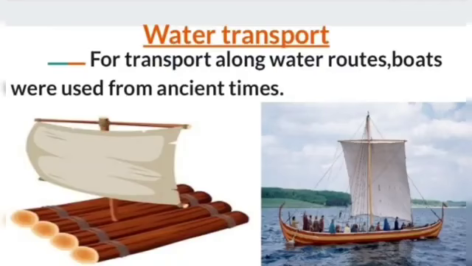For transport along water routes, boats were used from ancient times. But in the beginning, boats were simple logs of wood in which a hollow cavity could be made, like shown in the first figure, and later people learnt to put together different pieces of wood and give shapes to the boats.